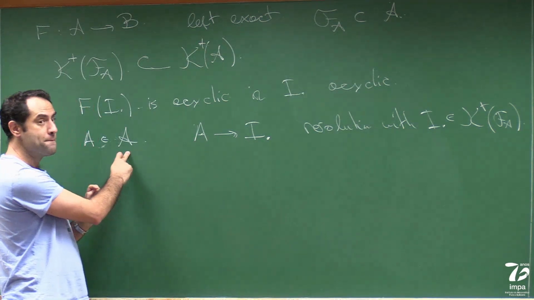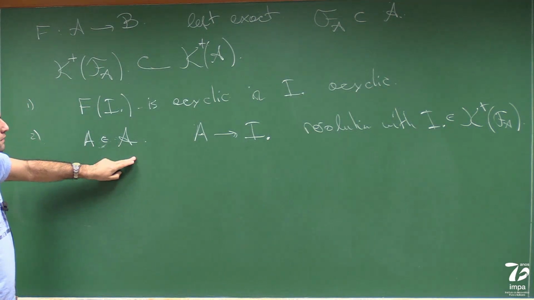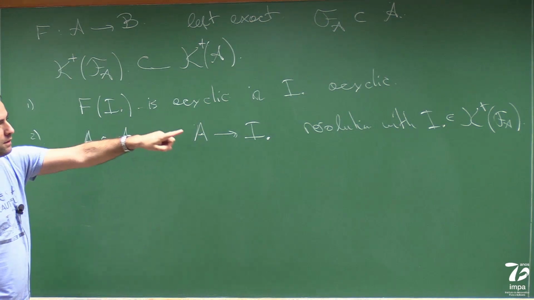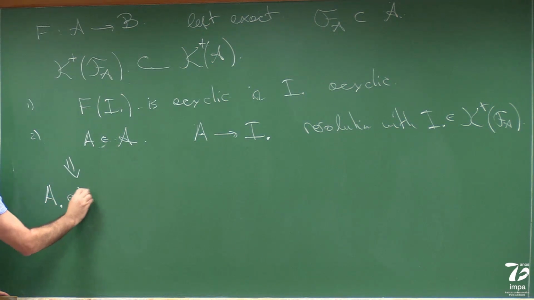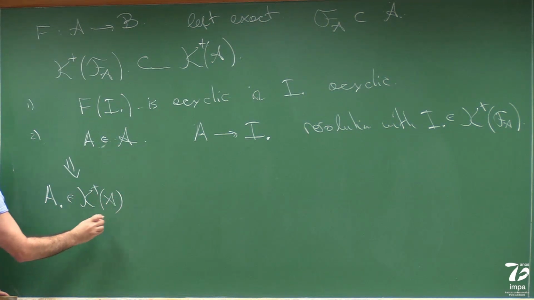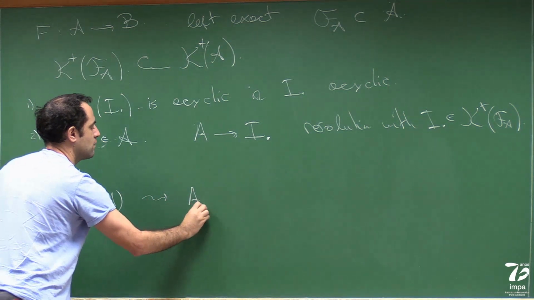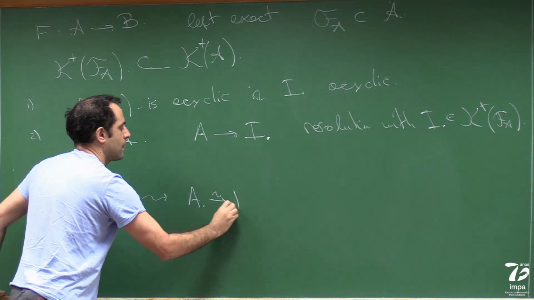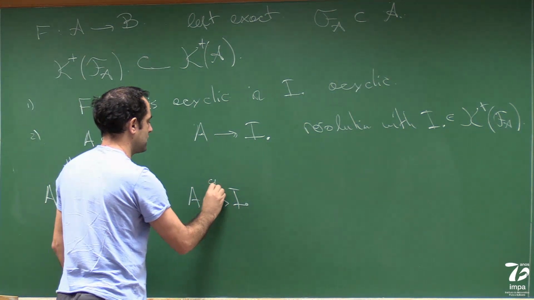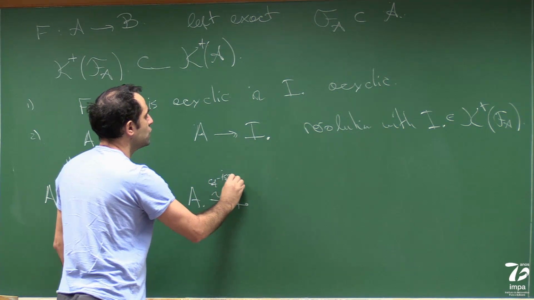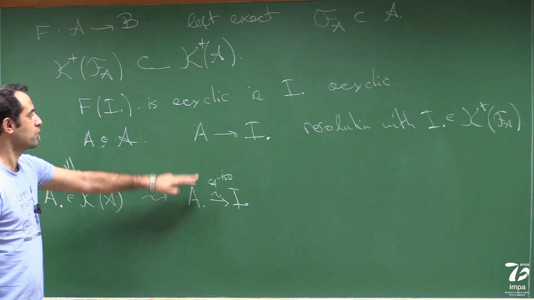Once I have this, then I can just produce, the same way that we did it for injectives, for any complex in K plus A, a quasi-isomorphism into an object like that. And you do this exactly the same way that we did before.